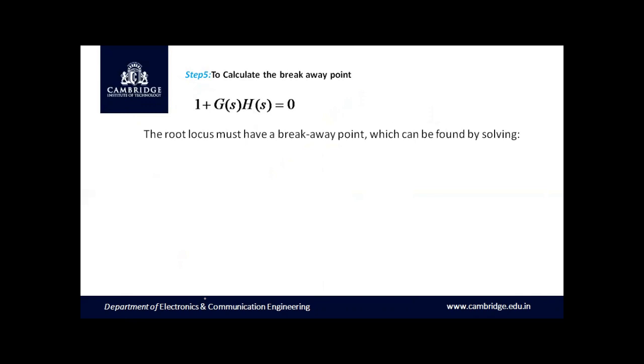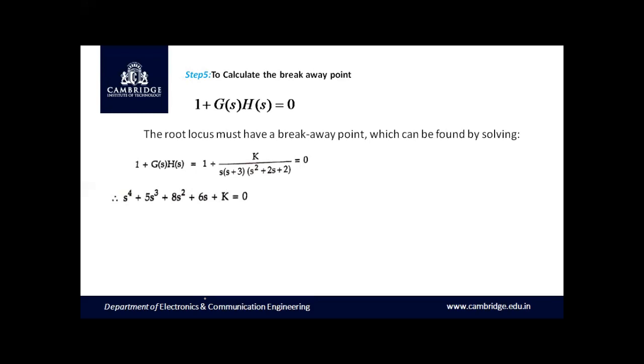Here given G of s is K divided by s into s plus 3 into s square plus 2s plus 2, and we have to equate it to 0. Further simplification, we get the characteristic equation as s to the power 4 plus 5s cube plus 8s square plus 6s plus K equal to 0.